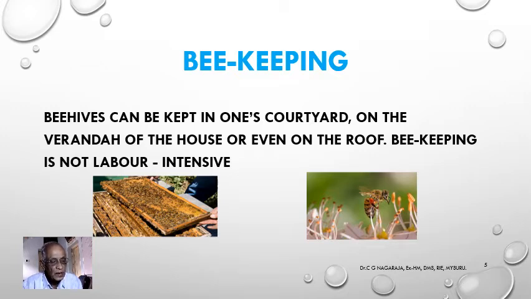So beehives can be kept in one's courtyard or in large numbers in the agricultural fields, and we can even keep them in the house, but the only thing is it is labor intensive. It requires a lot of care, and bees are sometimes dangerous when they get angry or disturbed.